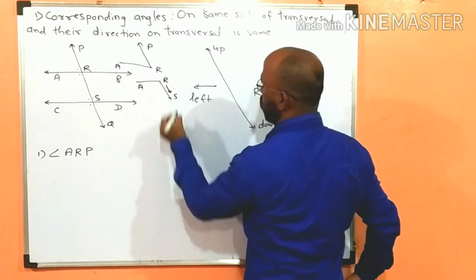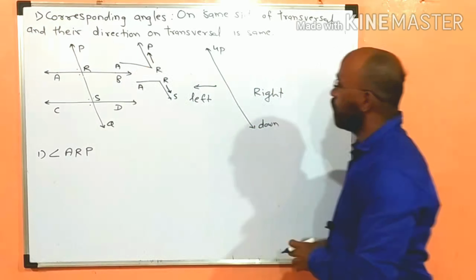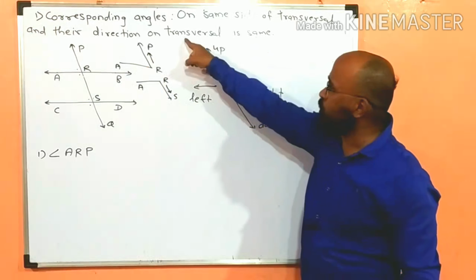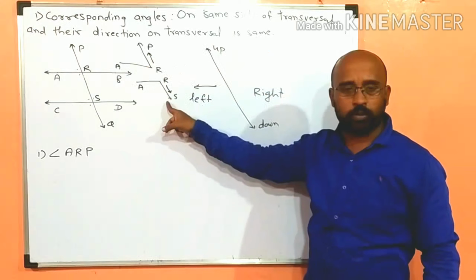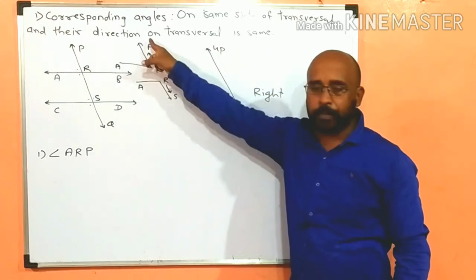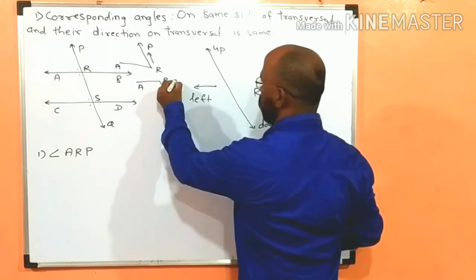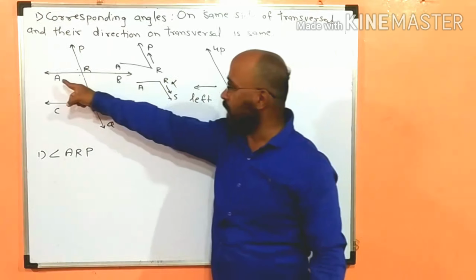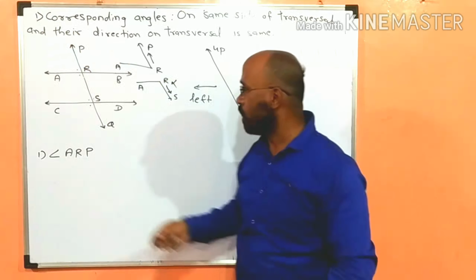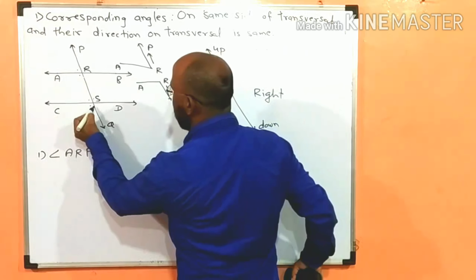RS is going towards down, RP is going towards up, and what is said? Direction on transversal is same. So are these two same? RS and RP, are their direction same? No. So ARS is not corresponding angle of ARP. Clear, students? Now next angle, that is CSP.